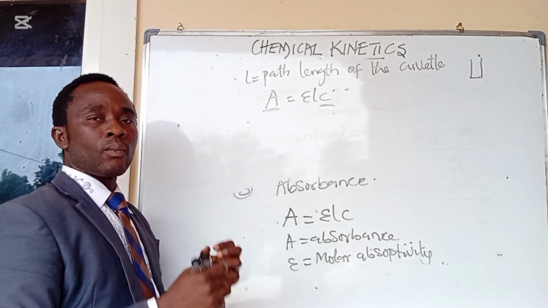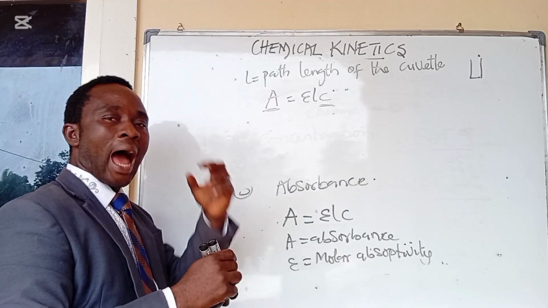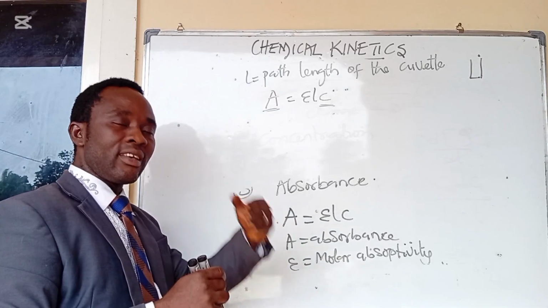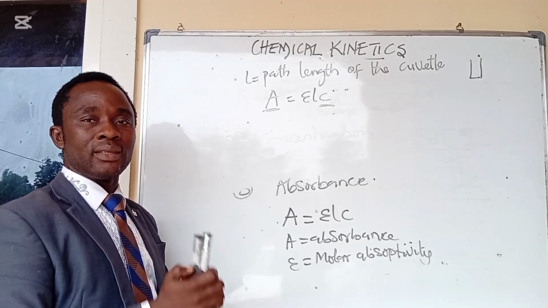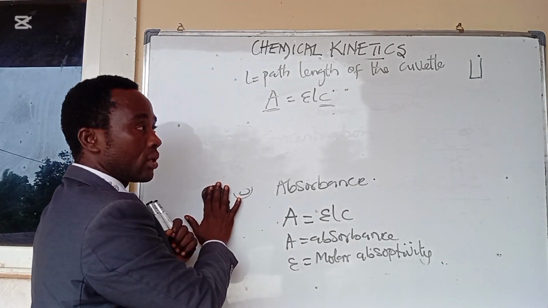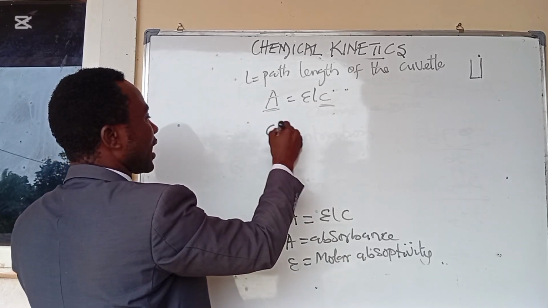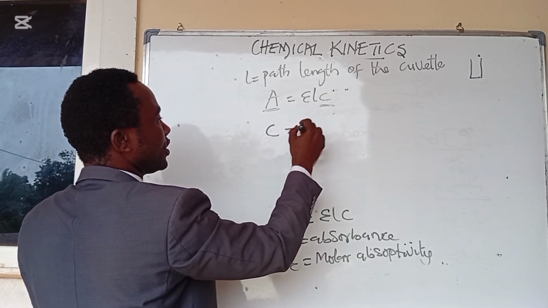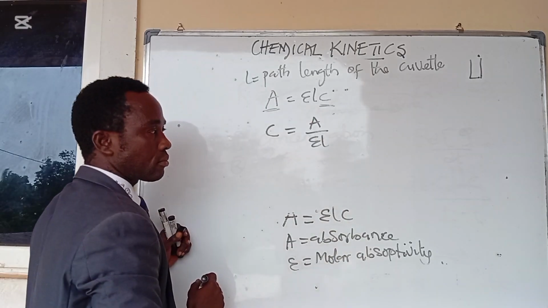That means I can measure the absorbance of a solution at different time intervals in order to determine the speed of the reaction. Now, from here, you can see that concentration is equal to absorbance over EL.